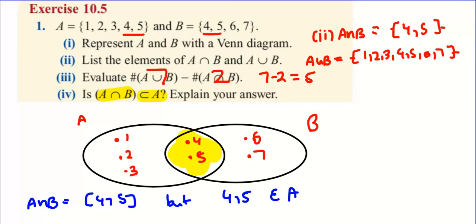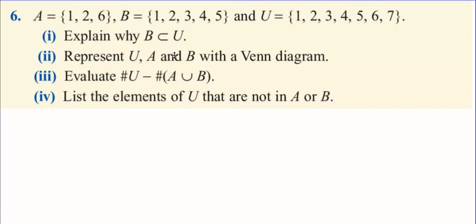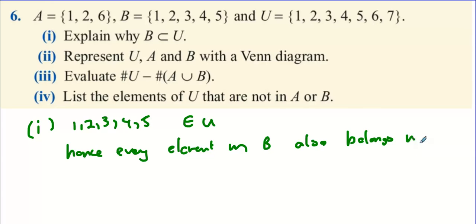So I've done 1, 3, and 6 on this exercise so far. Explain why B is a subset of U. Alright, this is because 1, 2, 3, 4, and 5 are elements of U. Hence, every element in B, where element refers to the numbers or letters inside B, also belongs in U. We can see there 1, 2, 3, 4, 5.